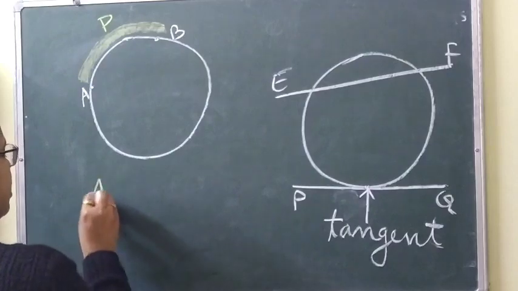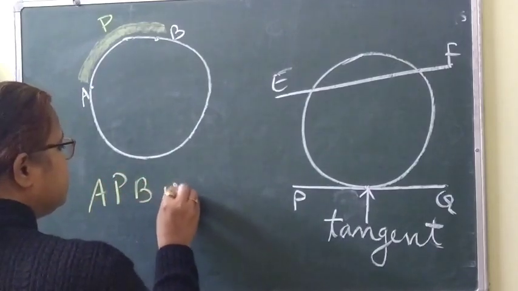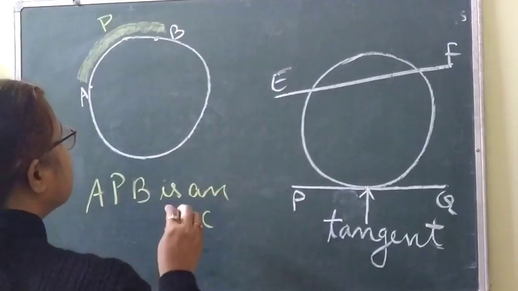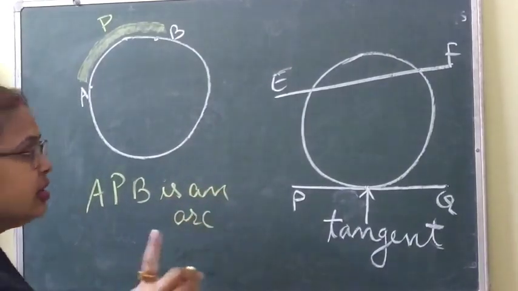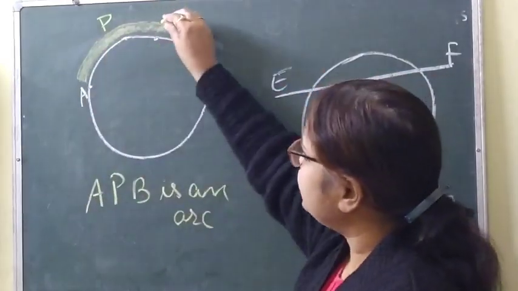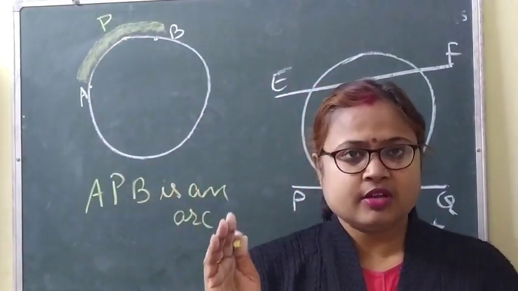So here APB is an arc. Okay. So major arc and minor arc, clear. Here it will be major arc and minor arc. So you can see this is the minor arc. Minor arc means the smaller one.